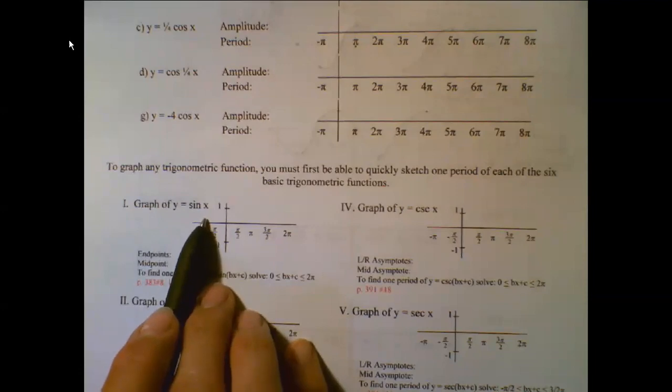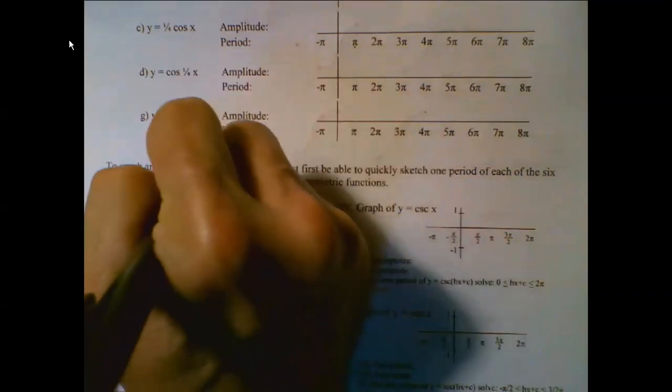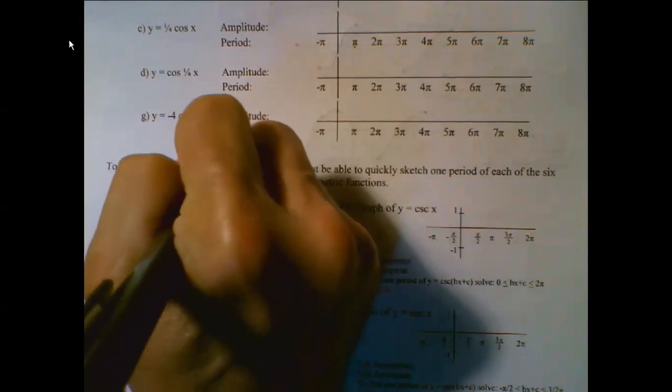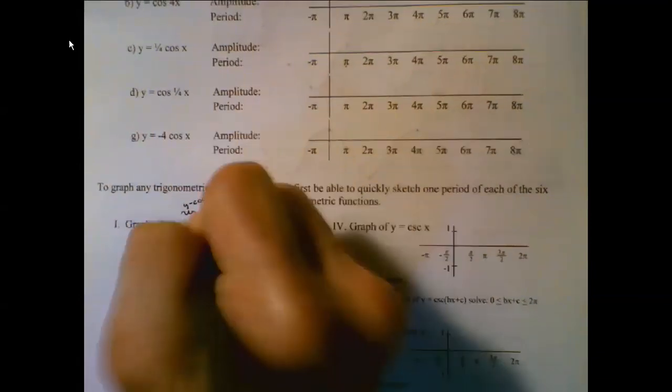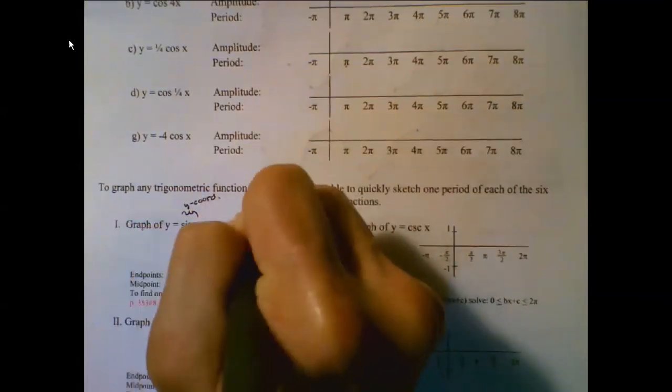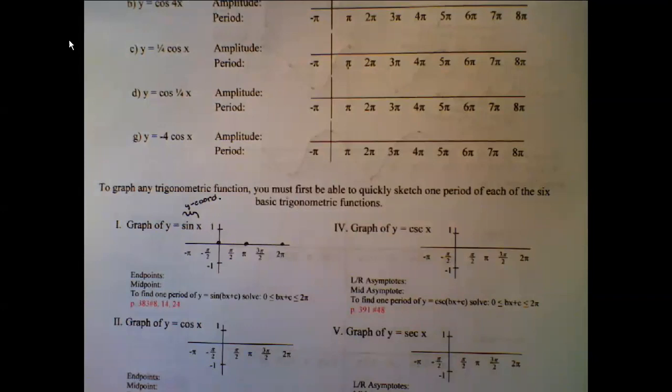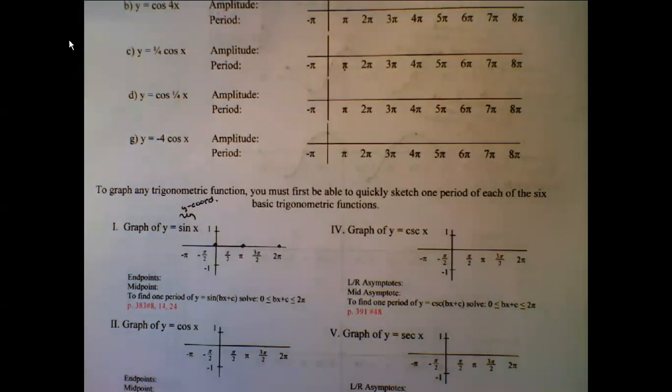Where did it have its x-intercepts? Is that whole pi's or half pi's where your y-coordinate is 0? Whole pi's. Yes. So at the whole pi's, I'm just going to go ahead and plot my x-intercepts, and we're only going to graph 1 period here.